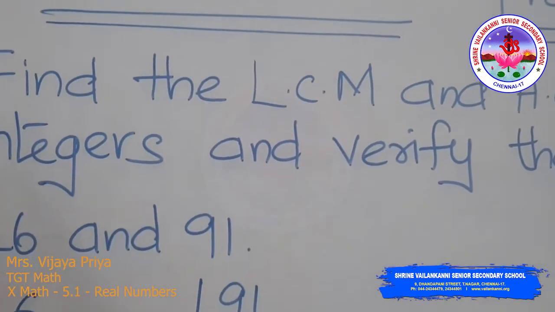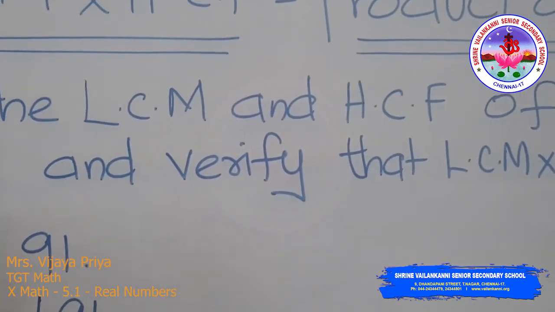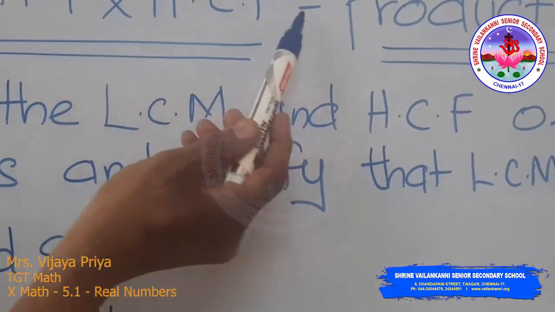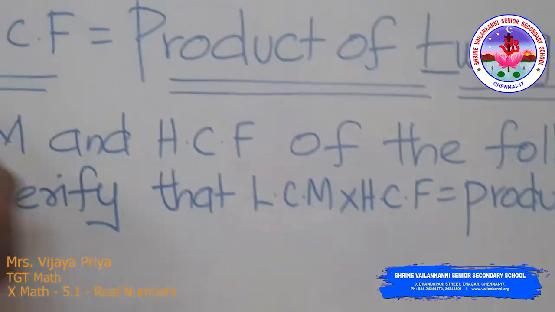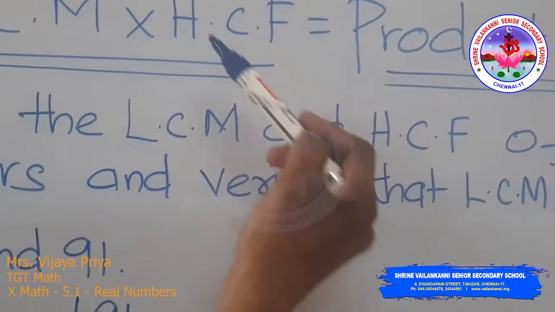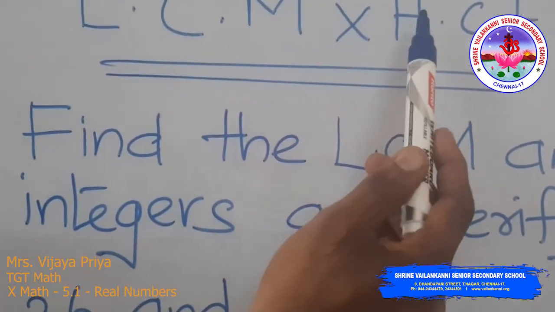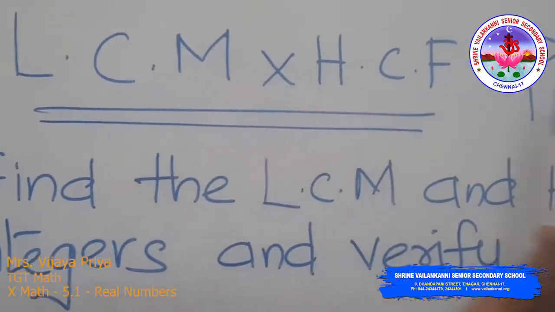Before going into the second problem, he has given a relationship of LCM and HCF with the two given numbers, where LCM into HCF is equal to the product of the two given numbers. I am going to use this relationship in the coming problems to find either the LCM or the HCF. If any one value is given, we will find the other value by using this relation.